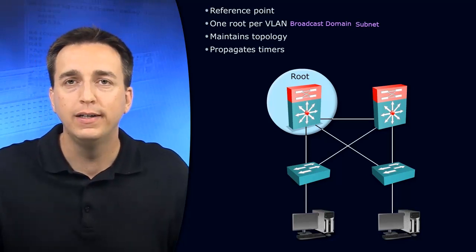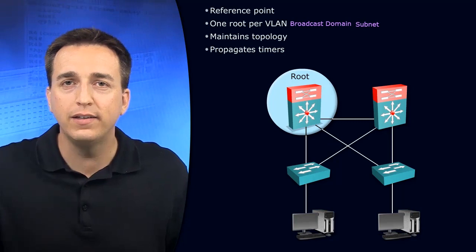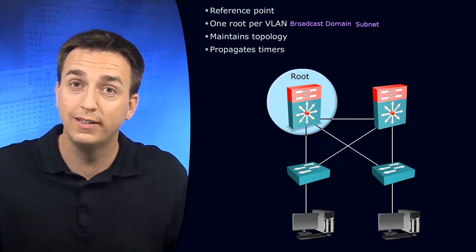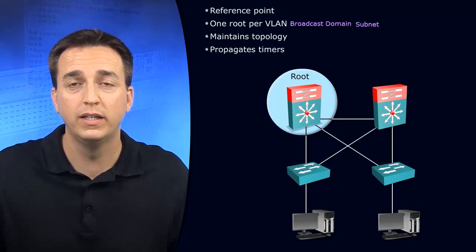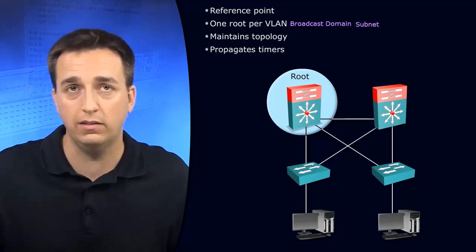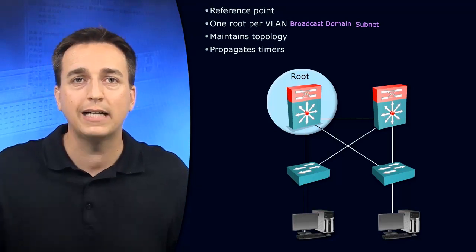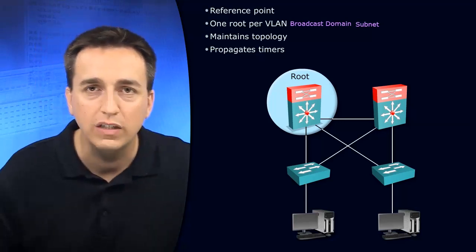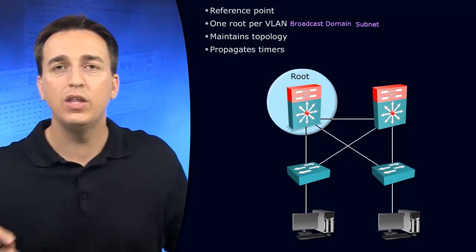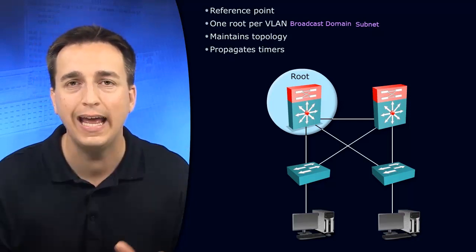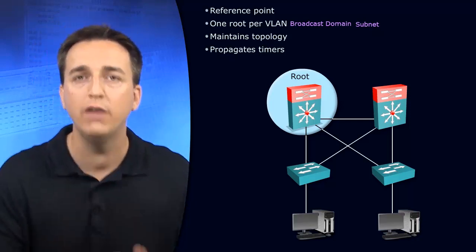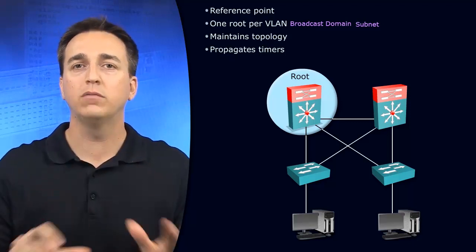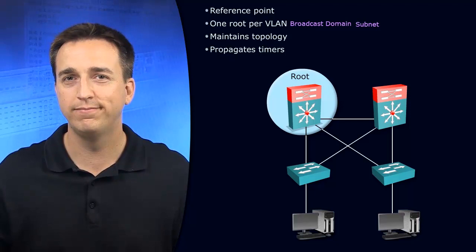You have 10 subnets. You have 10 VLANs. You have 10 root bridges. Now, if all those VLANs are on the exact same switches in the topology, let's say we had 10 VLANs on all of these switches, then we would have 10 root bridges, one for each and every single VLAN, broadcast domain, subnet.